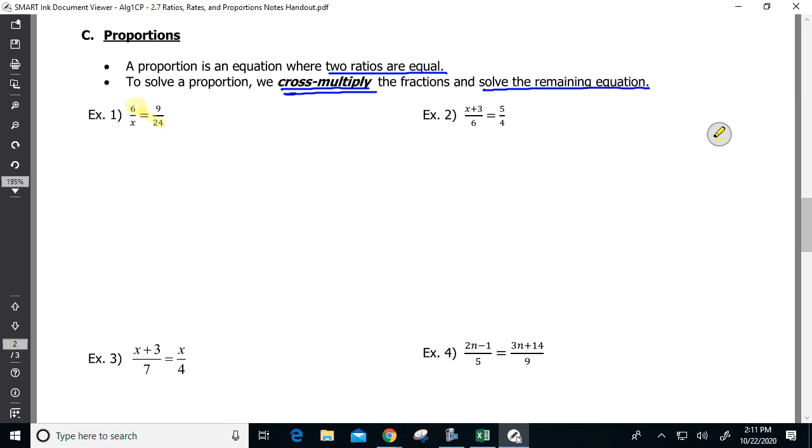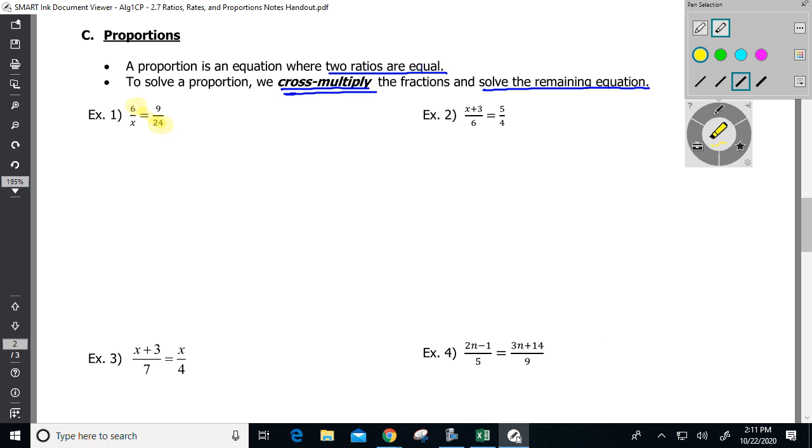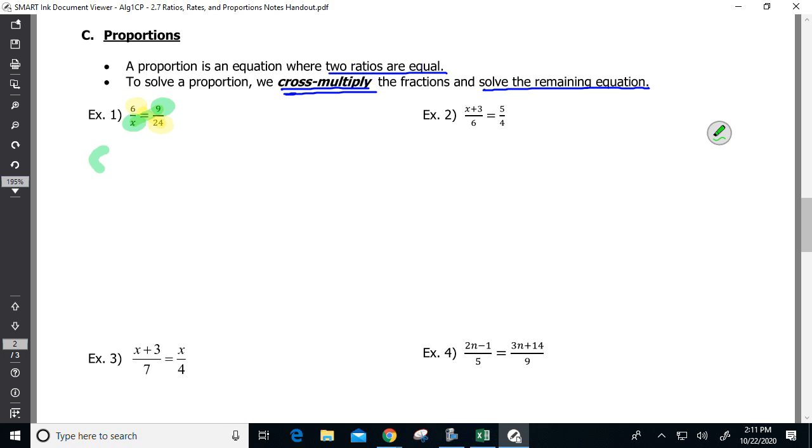So 6 would multiply times 24, and 9 would multiply times x. So we have 6 times 24 equals 9 times x.